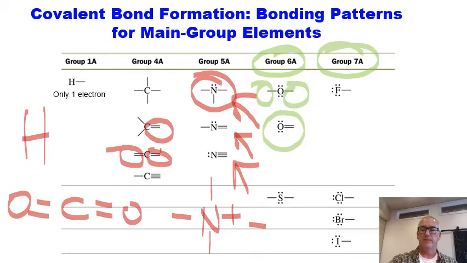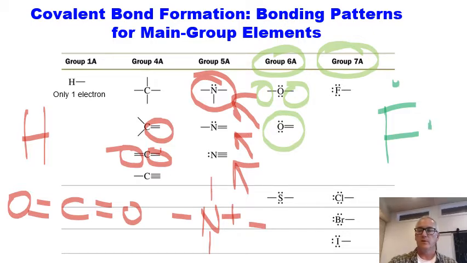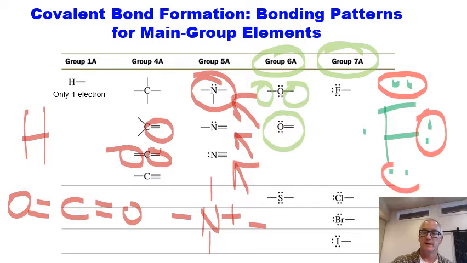Here's our fluorine. 1, 2, 3, 4, 5, 6, 7. Now notice it has 7 electrons and 2, 4, 6 of them are already in pairs.